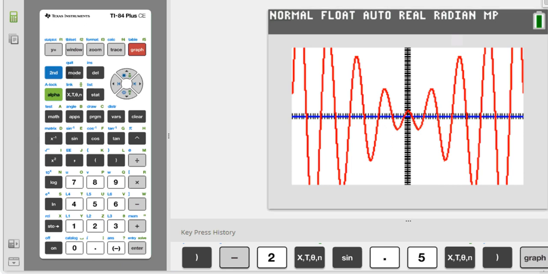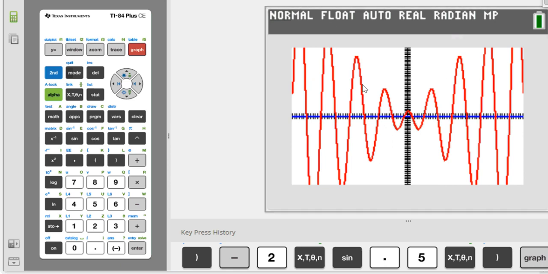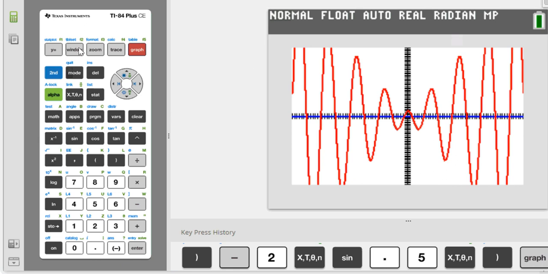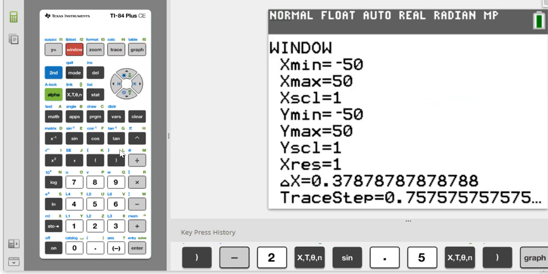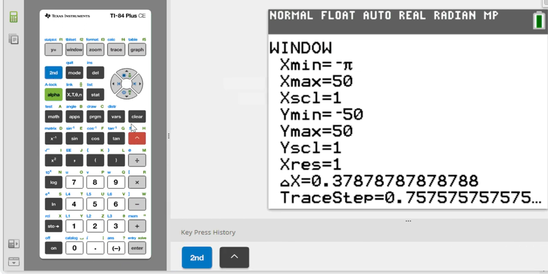Keeping in mind our scales from -50 to 50 again. However, it tells us in the original problem, X goes from -pi to pi. So I can change my window from -pi to pi.